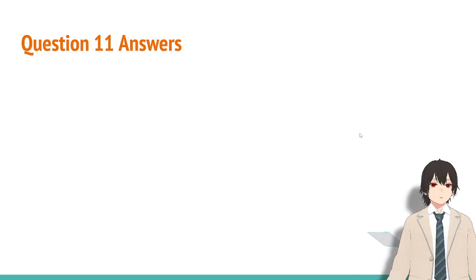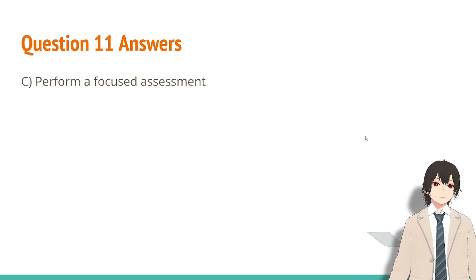3, 2, 1. So you do a focused assessment because the patient seems like they could be in respiratory distress. You don't know if the patient has COPD, which would make their SpO2 normally fall within that number. So you need to do a little deeper diving and see if they have a history of COPD or things like that.